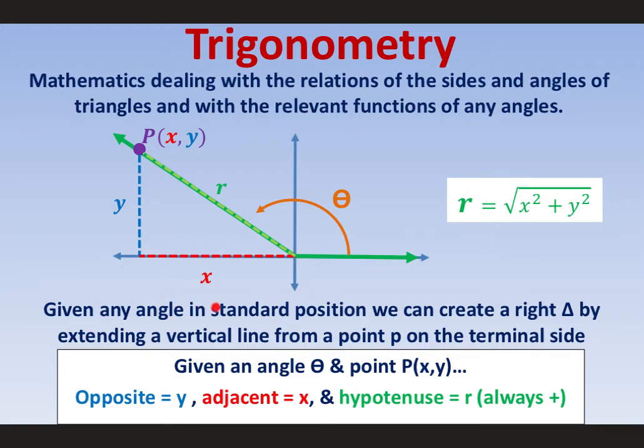So given any angle in standard position, we can create a right triangle by extending a vertical line from the terminal side to the x-axis. So if this green angle right here is my angle, I can make a right triangle by dropping down a vertical line. No matter where my terminal side is, I can always drop down a line or draw up a line to make a right triangle.